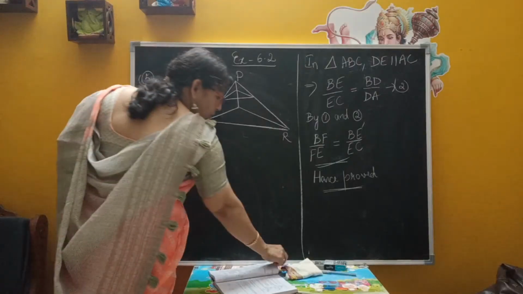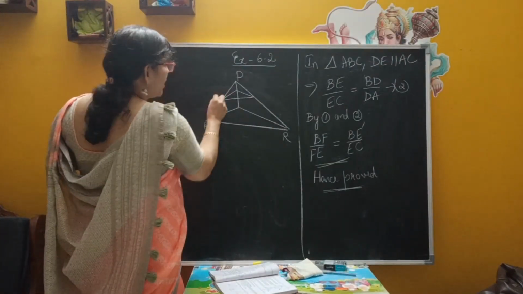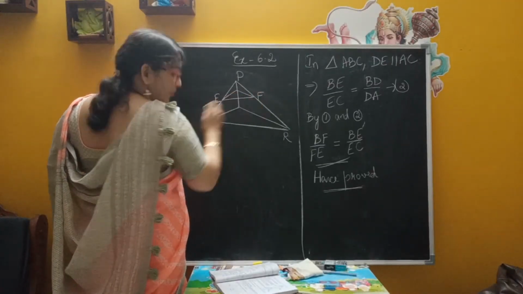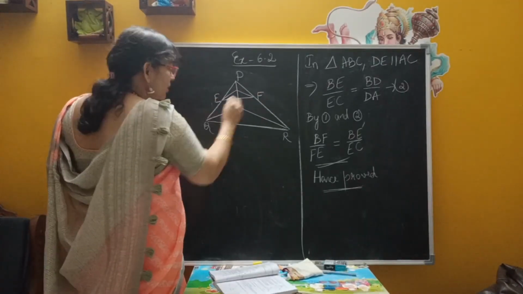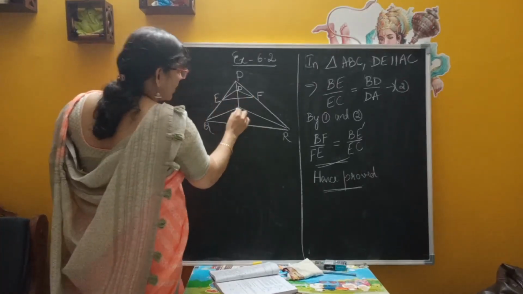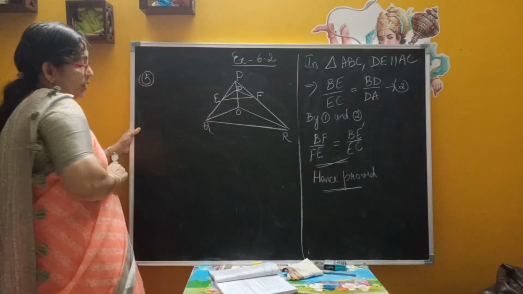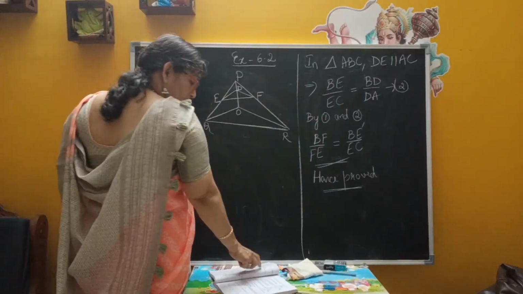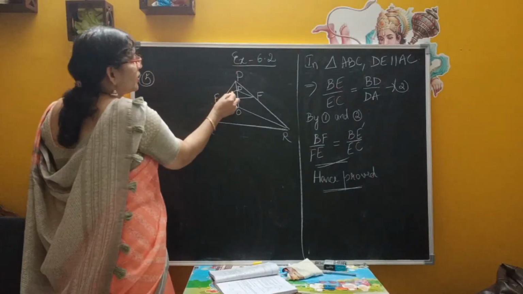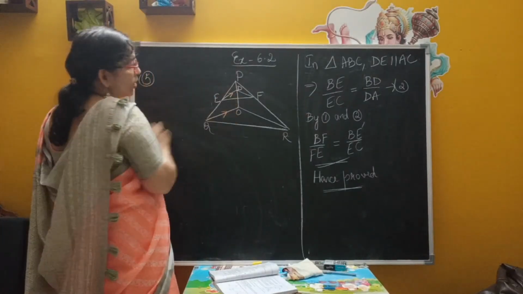DE parallel to OQ. Which is DE? First let us name it. P, this E, F, and here this point is D and this point is O. So given DE parallel to OQ, this DE parallel to OQ.